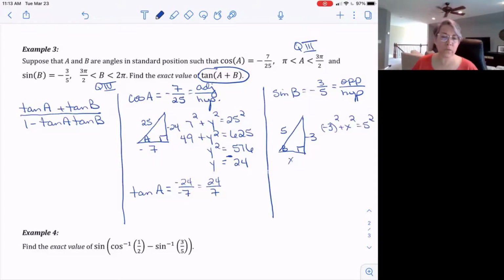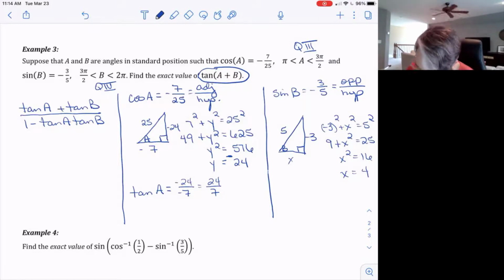This looks like it's going to be a 3, 4, 5 triangle, but we're going to work it out just in case. So that gives us 9 plus x squared equals 25. Subtract 9 from both sides. We get x squared equals 16. So x equals 4. Again, here we're in quadrant 4, and so we have to pay attention to our signs.